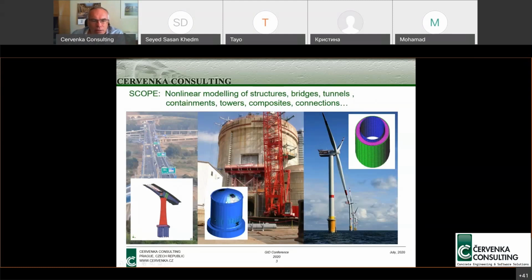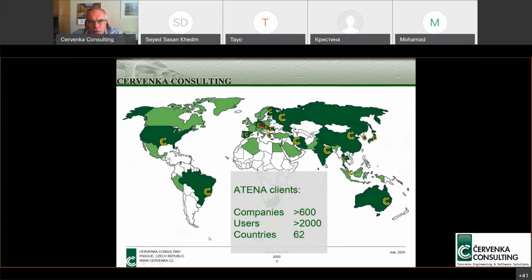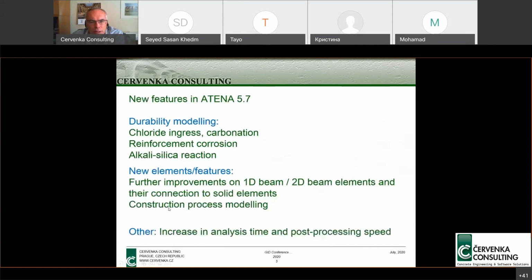By that, I mean that we create a finite element model, we simulate the structure, and we can model its behavior, taking into account the cracking, as you see here at this nuclear containment vessel, and we increase the loads all the way up to structural failure. This gives an overview of where our software is being used all over the world.